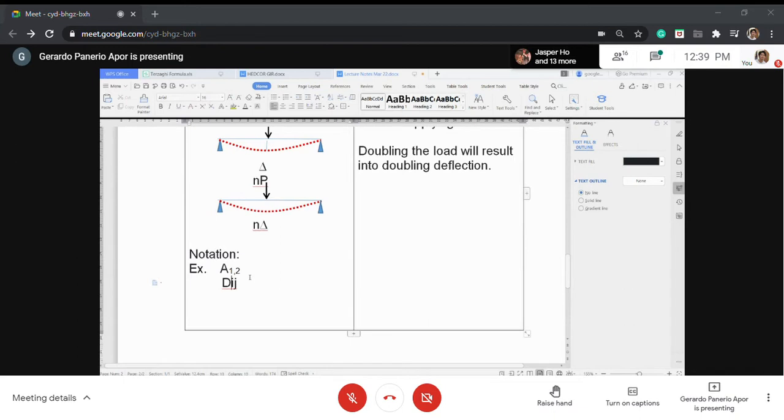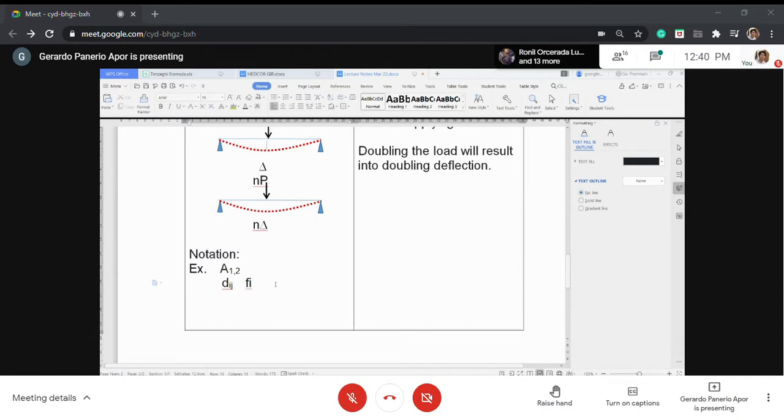Why do we use small letter d? I will explain later. This one is a subscript. It will not be separated by a comma anymore, but it means two numbers.